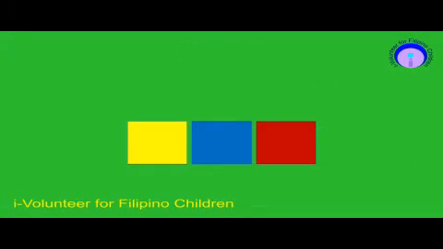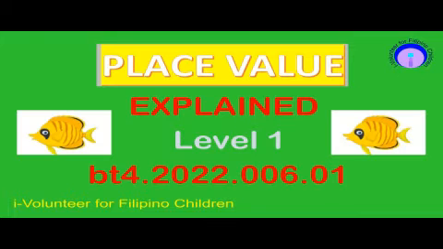Good day, kids! Can anyone tell me about what this square's for? That will be our lesson for today. In this video, I am going to explain the first 3 place values of a certain number.